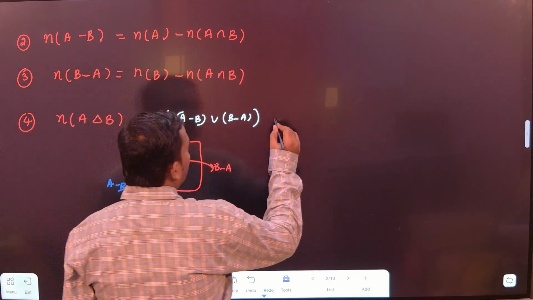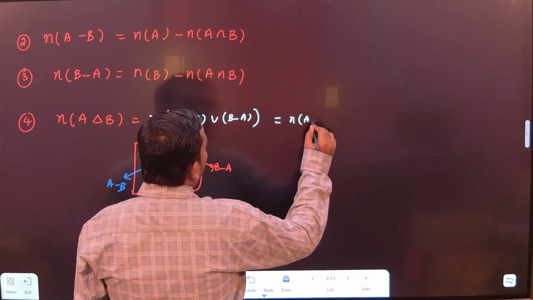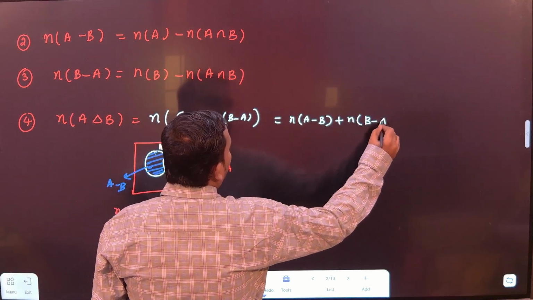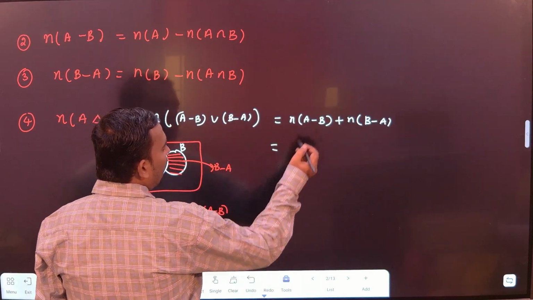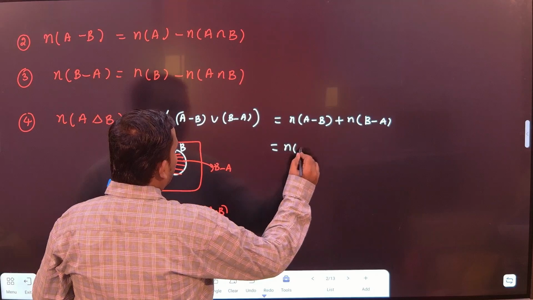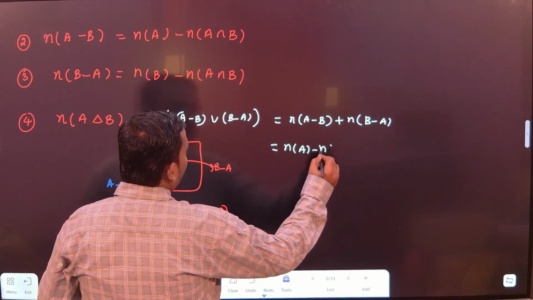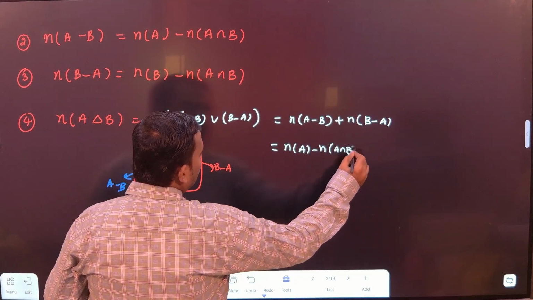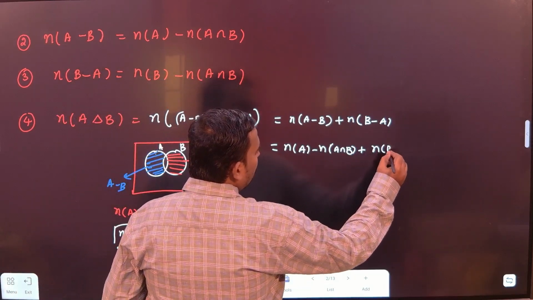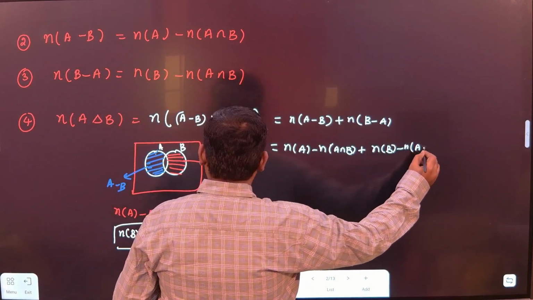You know that union means addition: n of A minus B plus n of B minus A. So n of A minus B is n of A minus n of A intersection B, plus n of B minus A, which is n of B minus n of A intersection B.